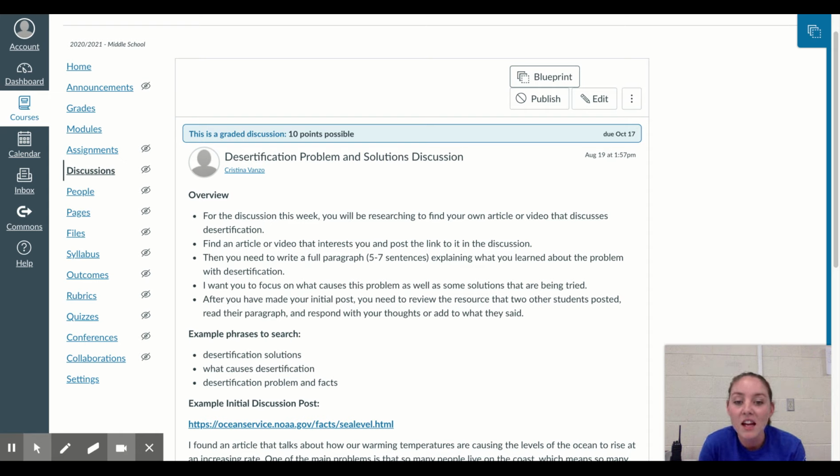I want you to say exactly what specifically you were thinking when you were looking at that article or what they said. So an example could be, wow, I didn't realize that raising cattle had such an impact on the soil. That's a specific comment. So make sure that your comments are detailed and not just saying good job or hi or something like that.